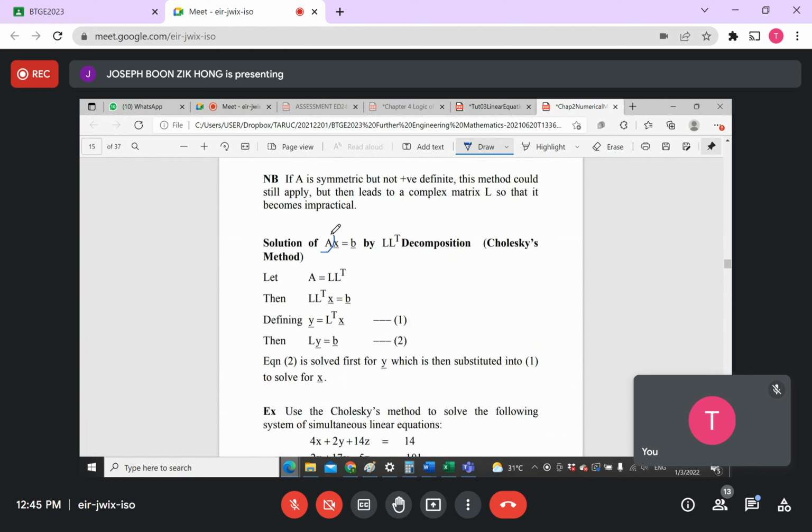Substitute A with LLT, equal to B. Let Y be LTX, then LY equals B. The idea is the same; you just need to make A into LLT. That is the difference, and the rest is the same.